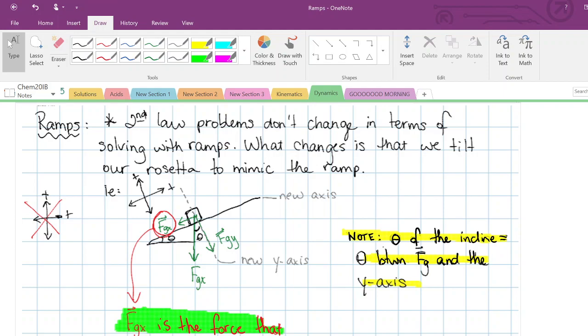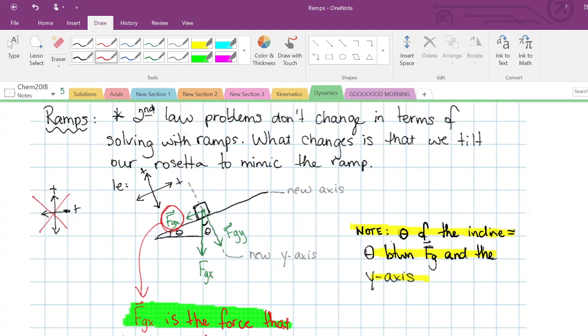The other thing you need to note, and you guys already know this, is that because gravity acts straight down, that means that, and this should actually not read X, so let's just cross that out. Let's do it in black.